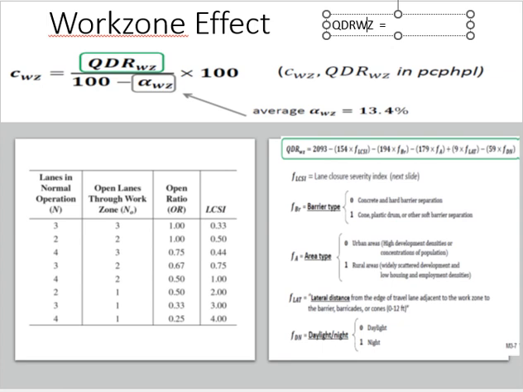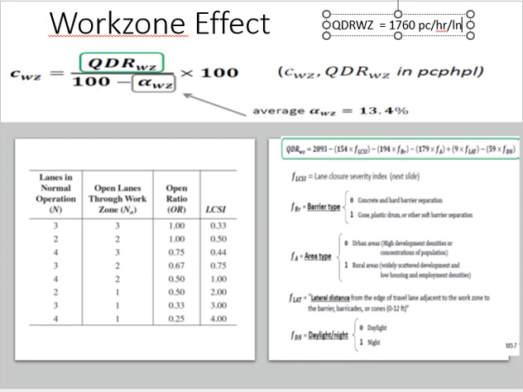1760. Okay, now everything is known, so you can calculate the capacity of the work zone as well. How much is that? The 13.4, we should substitute it as a percentage.